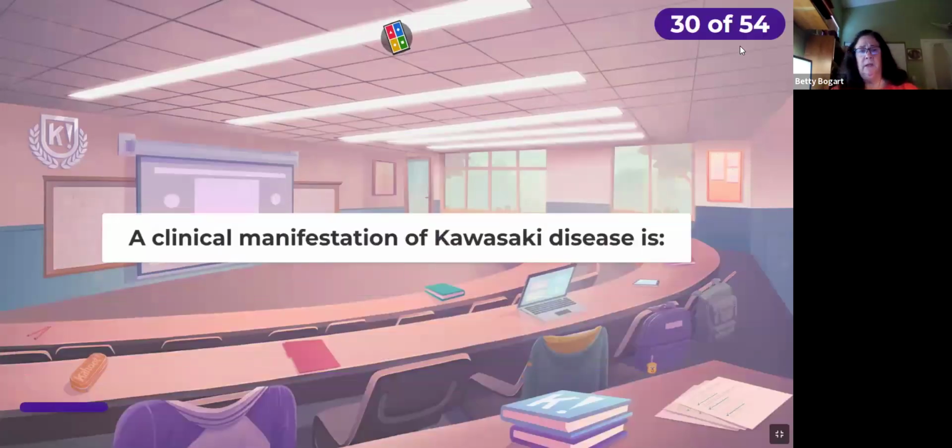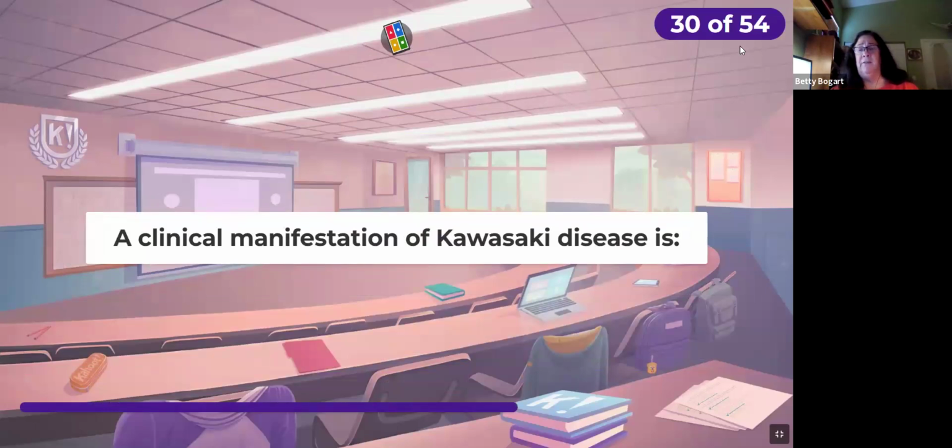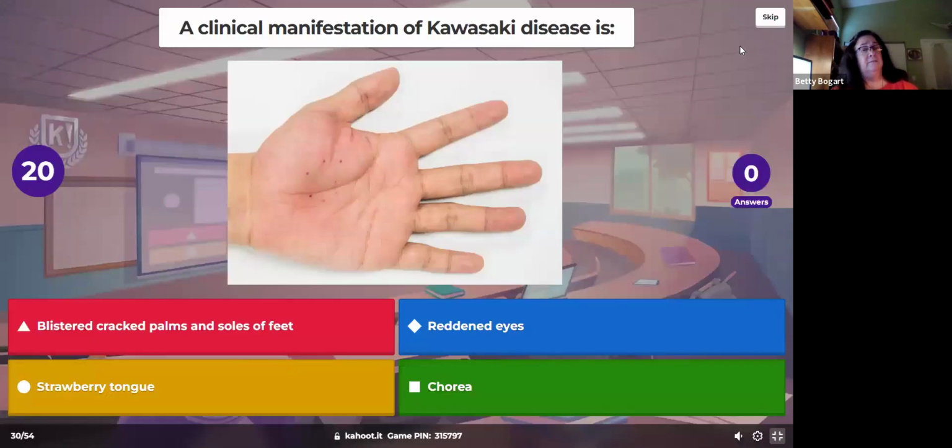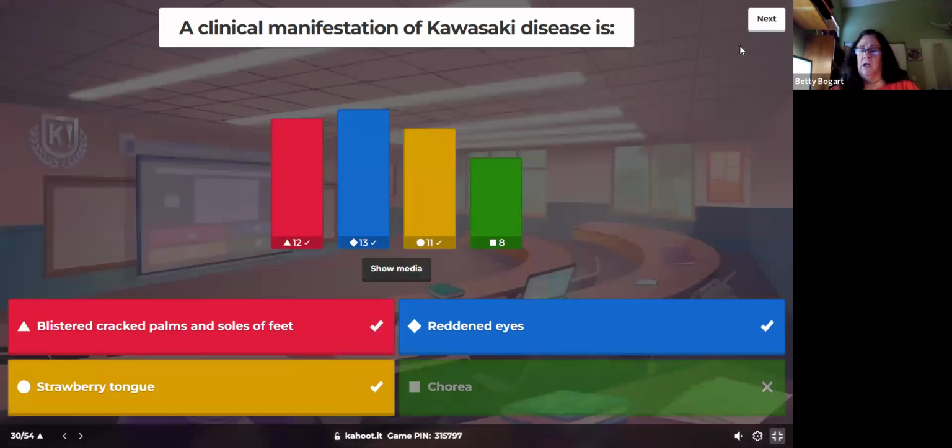Multiple choice: a clinical manifestation of Kawasaki disease is... Chorea is rheumatic fever.